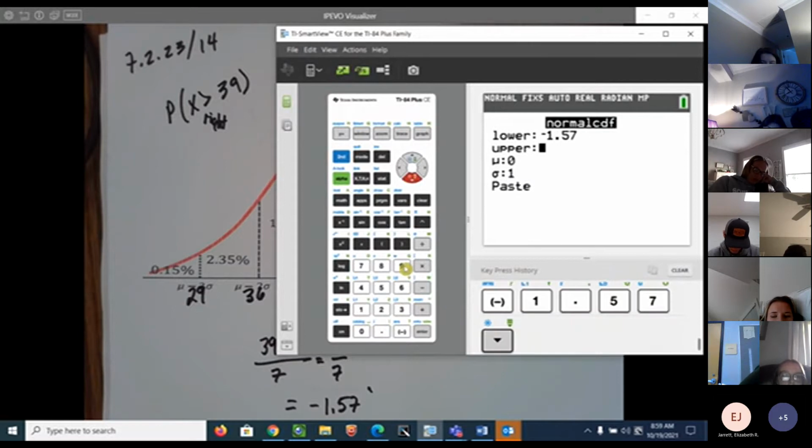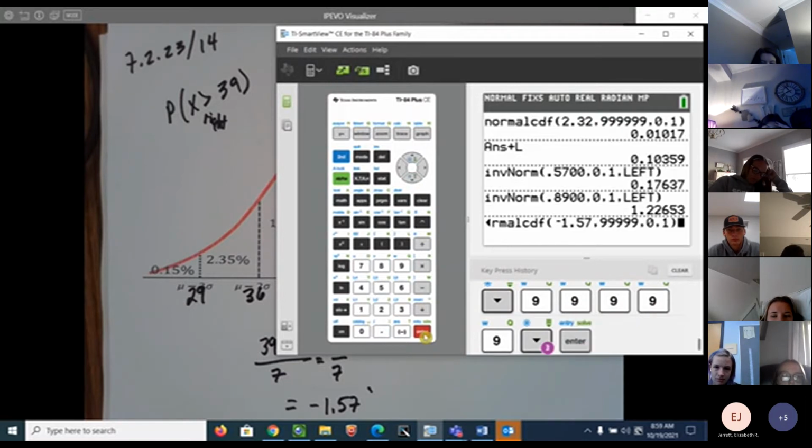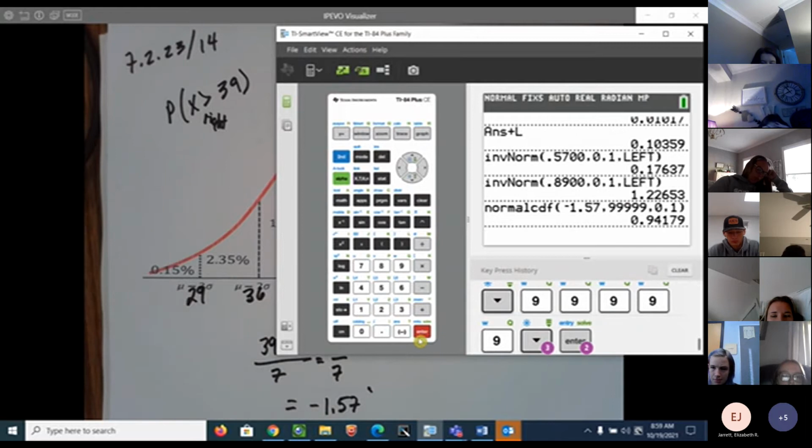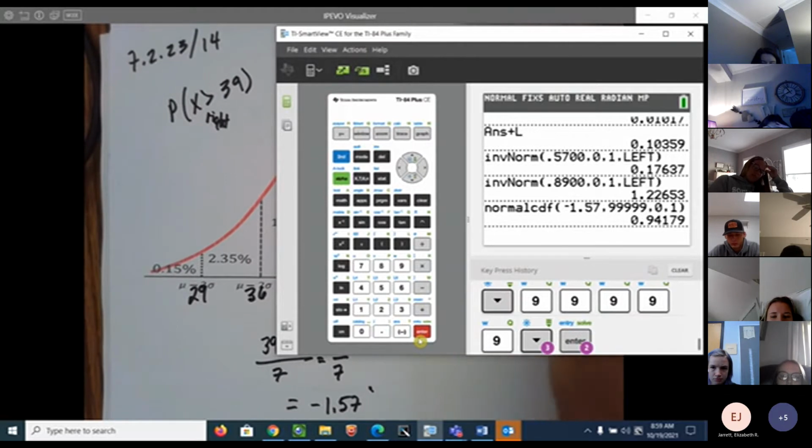Upper is 9999 and paste. Okay, they got 0.9418, and it is more accurate. So the calculator gives us 0.9418, and that is your answer.